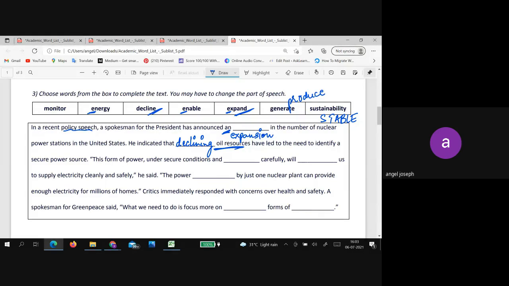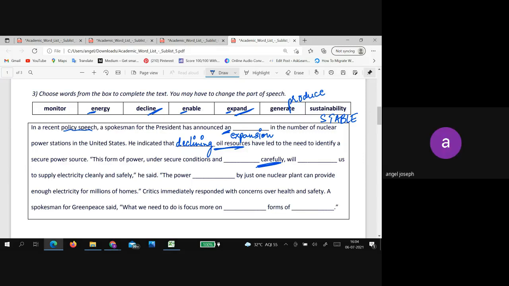So he indicated that declining oil resources have led to the need to identify a secure power source. This form of power under secure conditions and something carefully. What should we do carefully? Energy carefully? No. Enable.